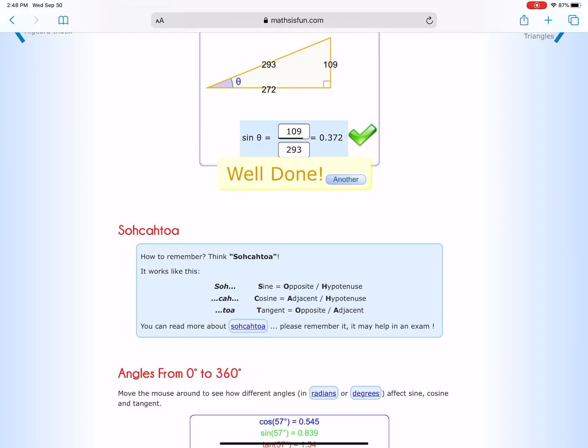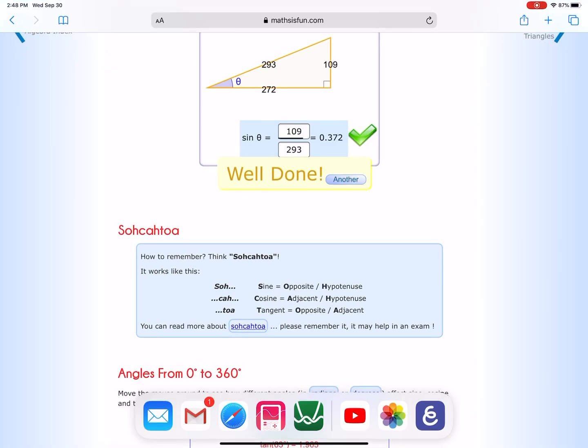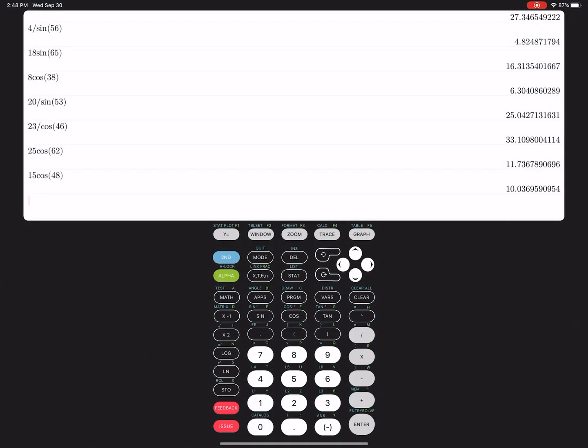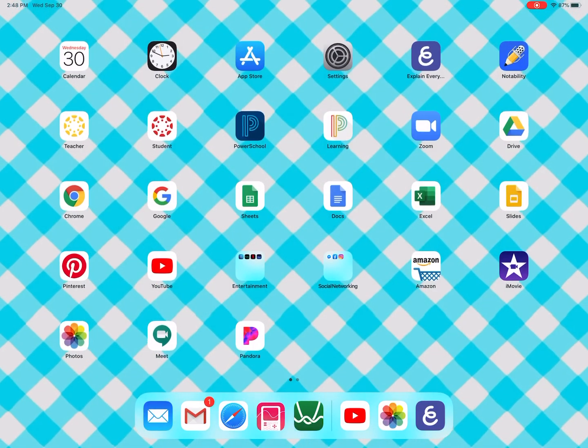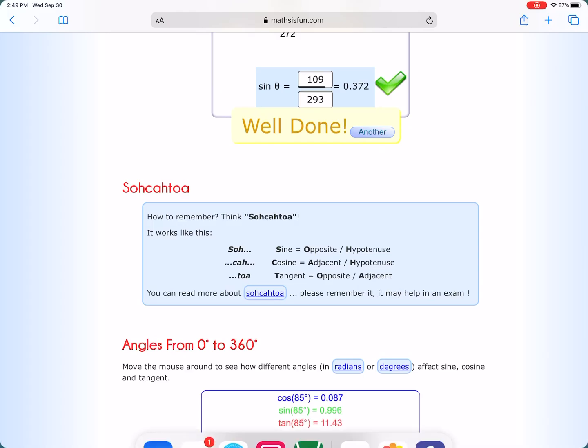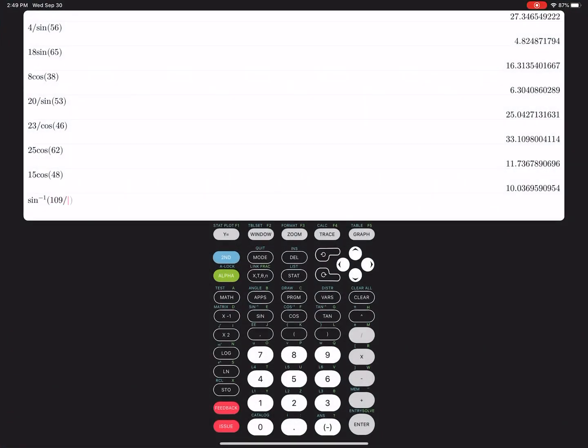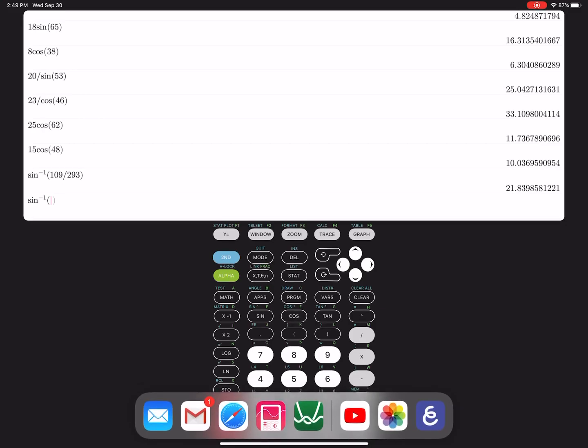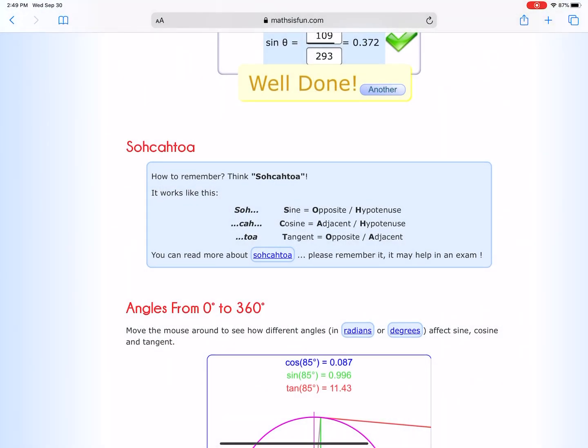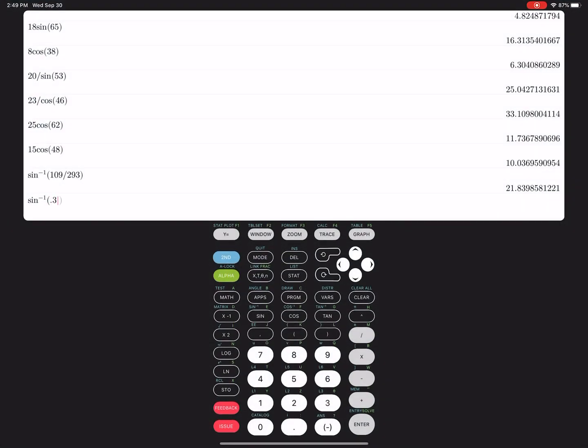But if I did the inverse sine of 0.372, it would give me the angle. So if I went to my angle here and did inverse sine of 109 over 293, that gives me an angle of about 22 degrees.